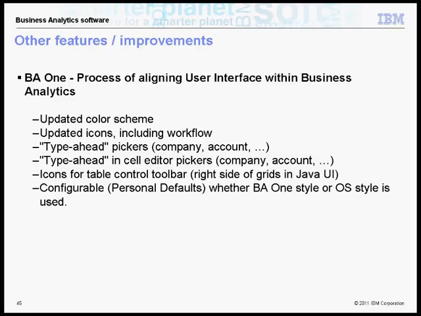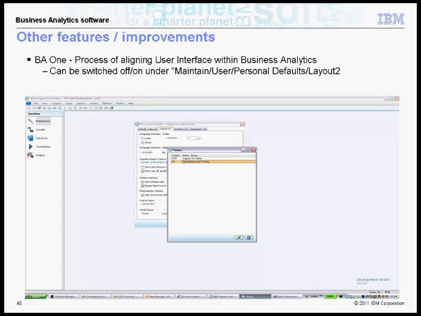We've got a new color scheme, some new icons, pickers, and so on and so forth. And that is configurable. You can choose to have the business analytics theme, or you can stick with your operating system theme. And again, as I say, we still have some way to go in terms of improving the UI further, but this is definitely a step in the right direction.